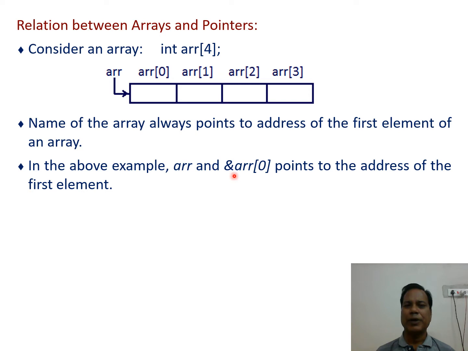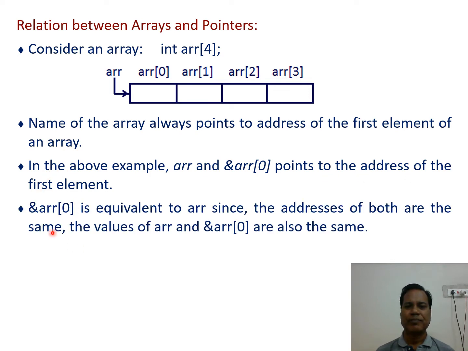And &r[0] is the address of the first element of the array, and that's why both point to the address of the first element. &r[0] is equivalent to r, since the addresses of both are the same and the value of r and &r[0] are also the same.